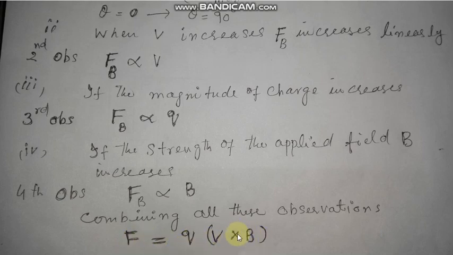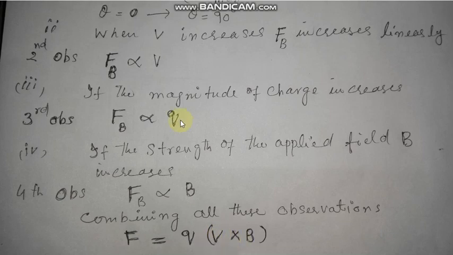Now this cross product also has the aspect of angle hidden inside it. It is the sine of that angle which affects the magnitude of the force. Why have we taken the cross product of these two vectors?